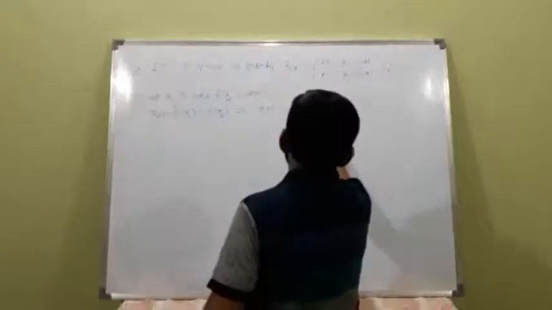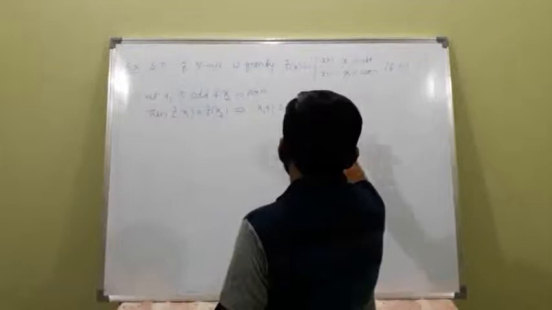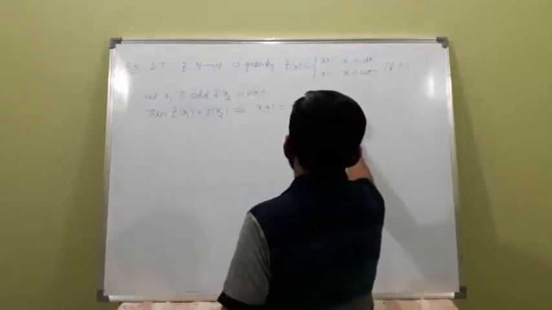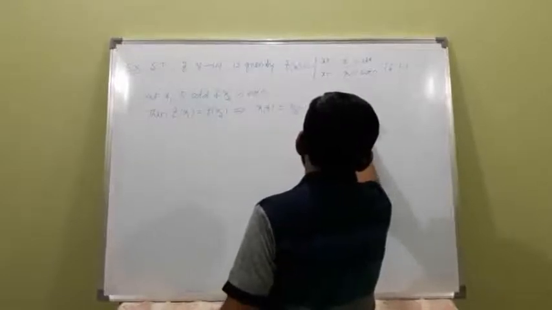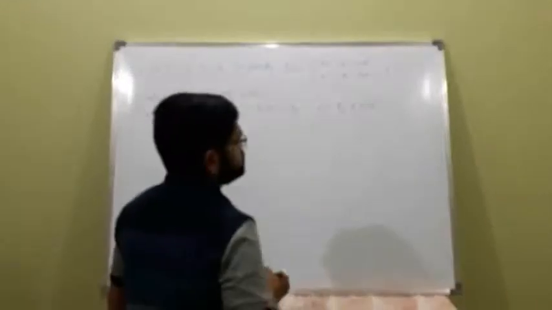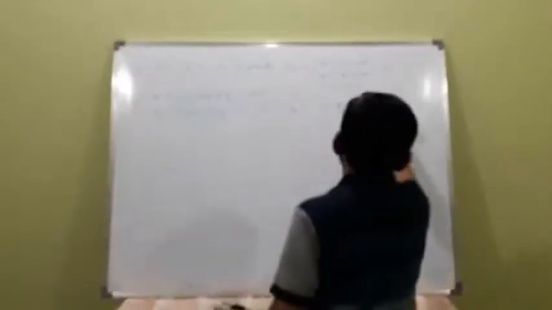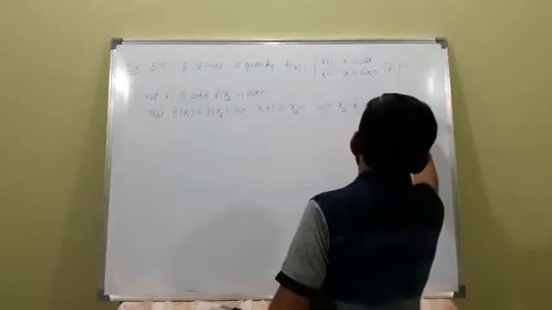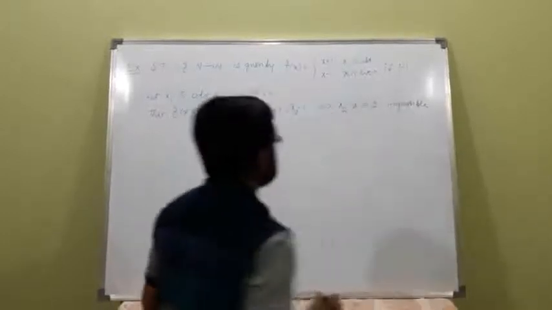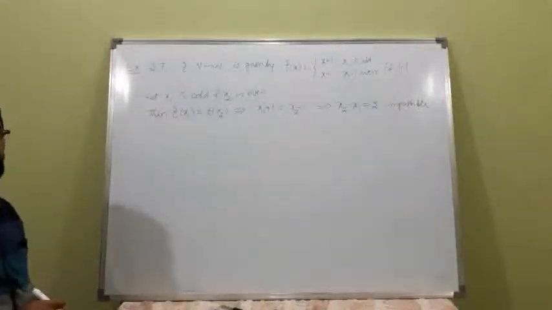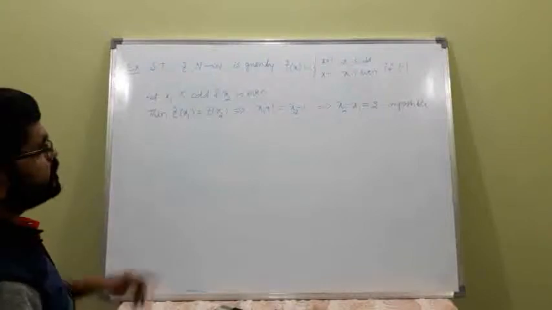This implies x2 minus x1 is equal to 2. So, this is impossible. The difference of odd and even cannot be an even number.